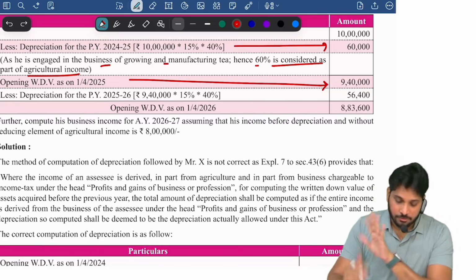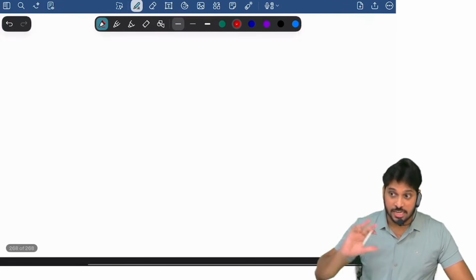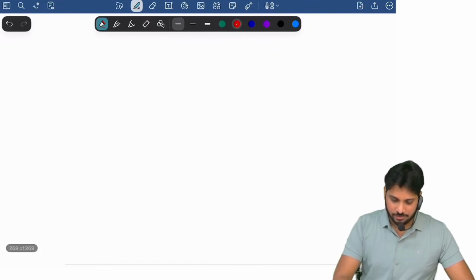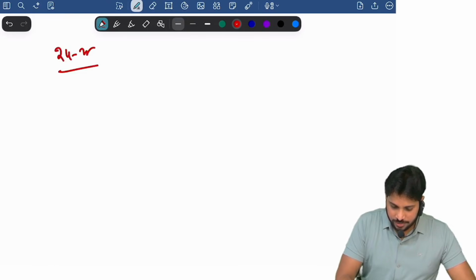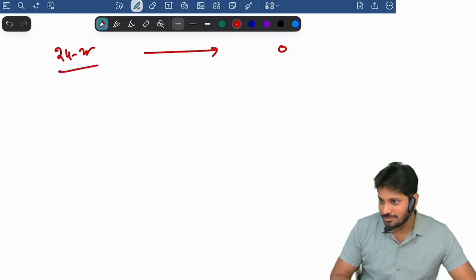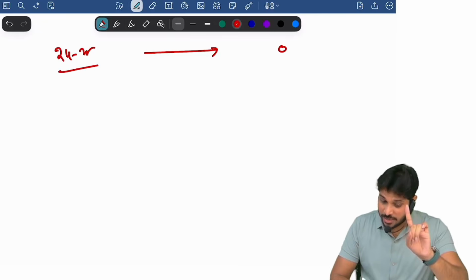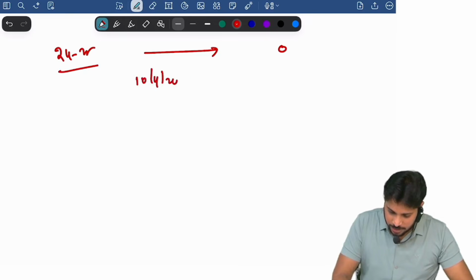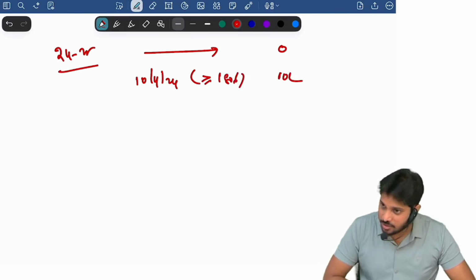They computed depreciation like this, which is wrong actually. Let me first calculate depreciation, ignoring the agriculture income concept. What is the opening value for 24-25? Opening value 0. In that year, on 10th April 2024, I'm talking about last year, which is considered as more than or equal to 180 days, he purchased machinery for 10 lakhs.